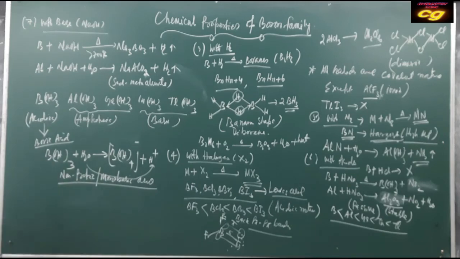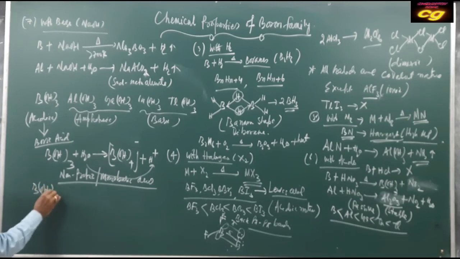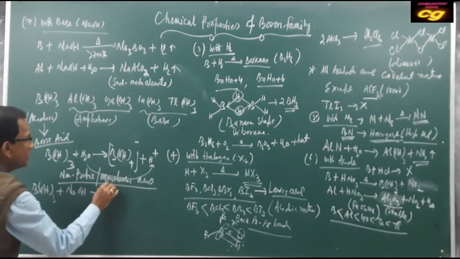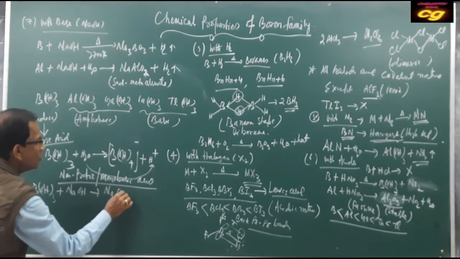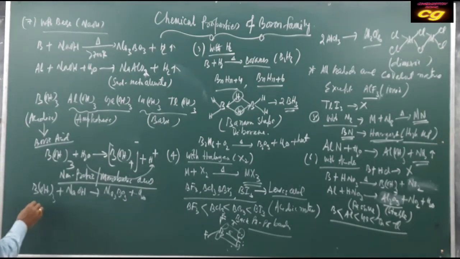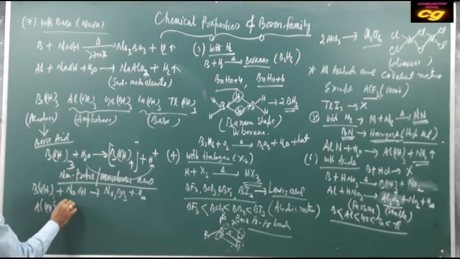Boric acid B(OH)3 is acidic, so it reacts with base to produce the salt Na3BO3 plus water. But aluminium hydroxide is amphoteric in nature, like the oxides.